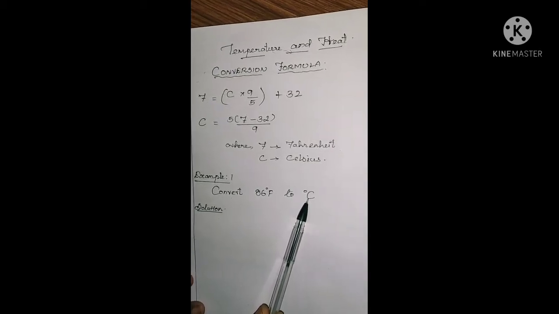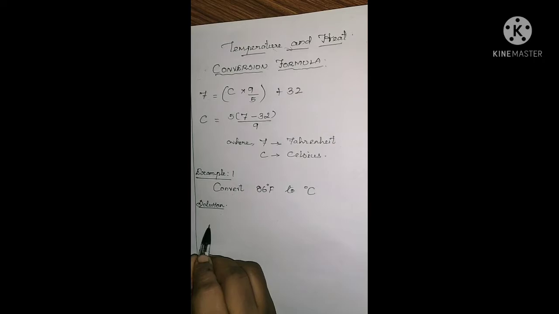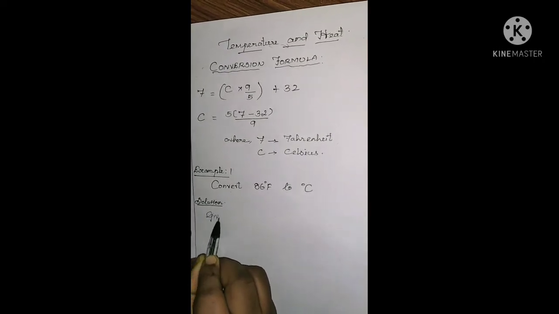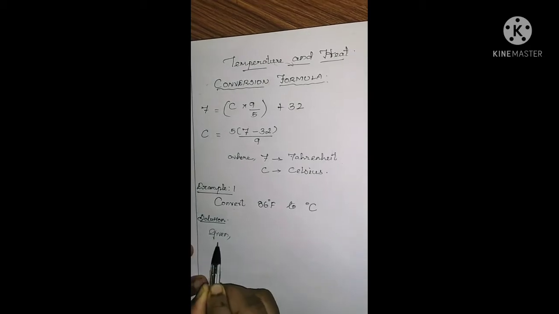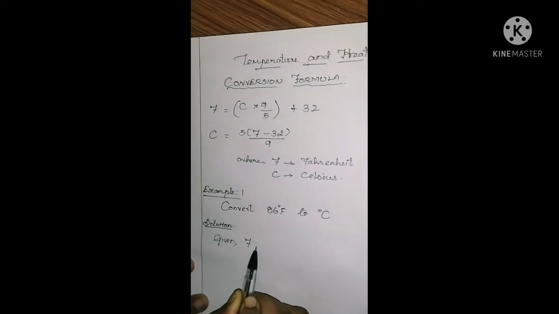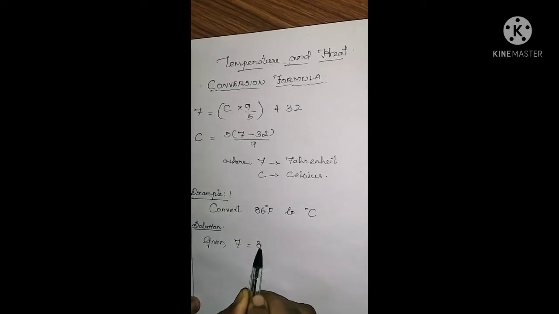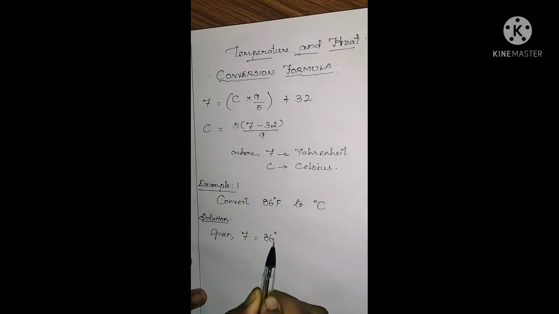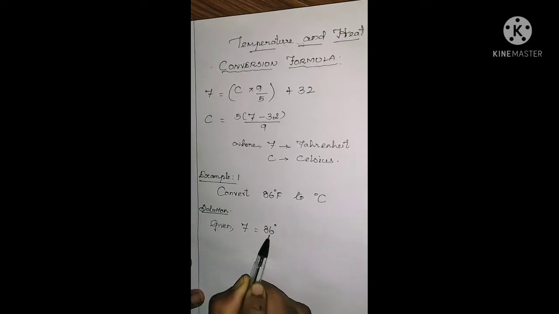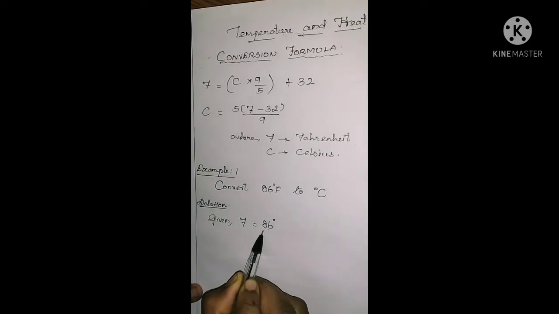Shall we write the solution? First, the given value: Fahrenheit F is equal to 86 degree. This is given, isn't it?